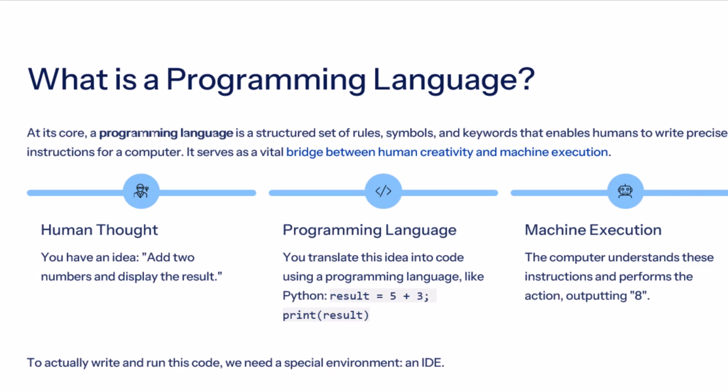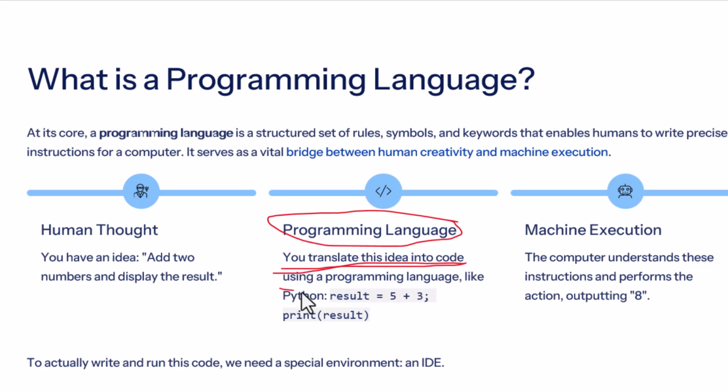For example, you have an idea: you want to add two numbers and display the results. So we need a programming language, because it has to translate the idea into code.